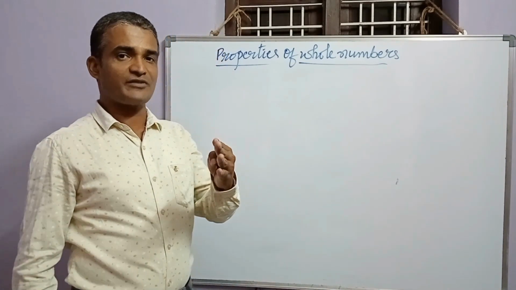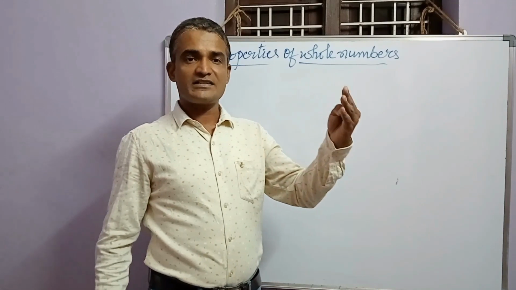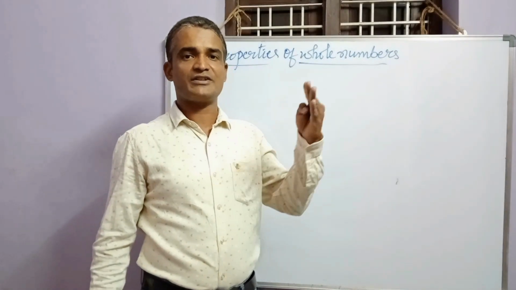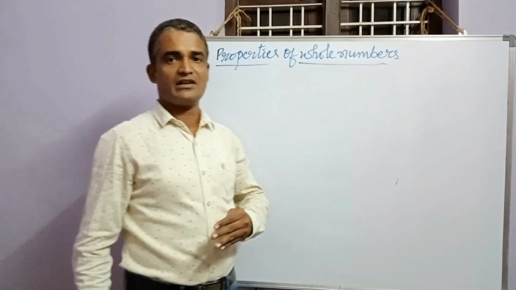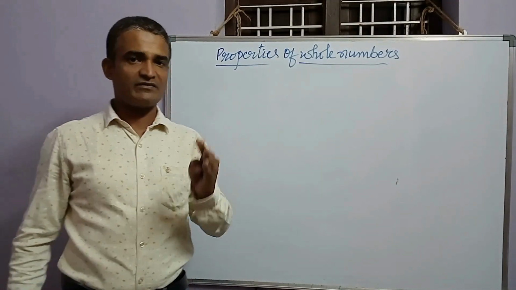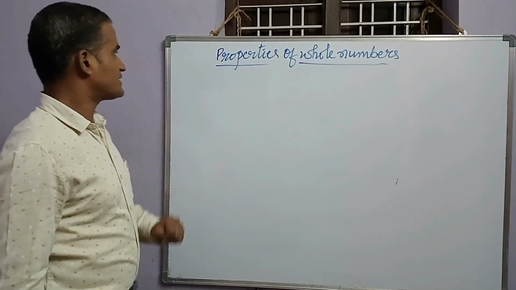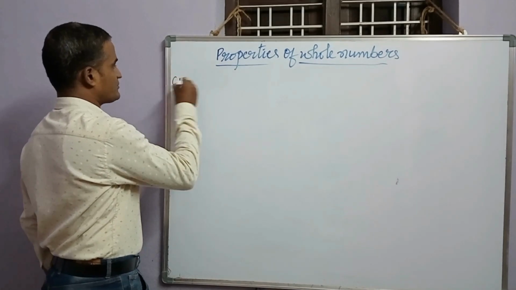Whole numbers start from 0 and go on infinitely: 0, 1, 2, 3, 4 and so on. It has infinite numbers but starts with 0. So first, we'll go for some properties.